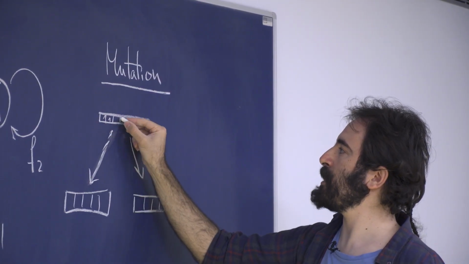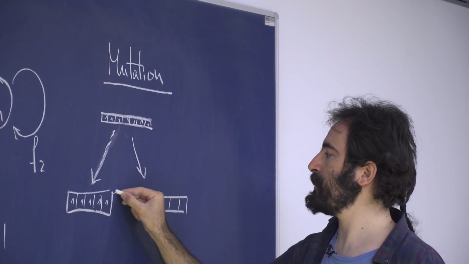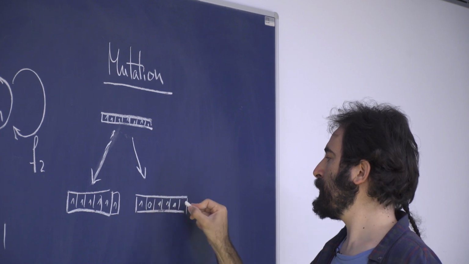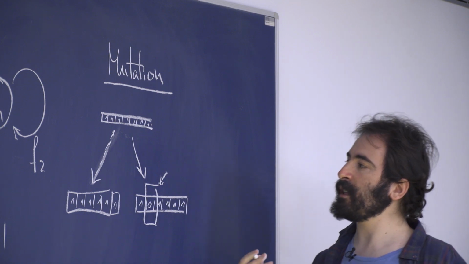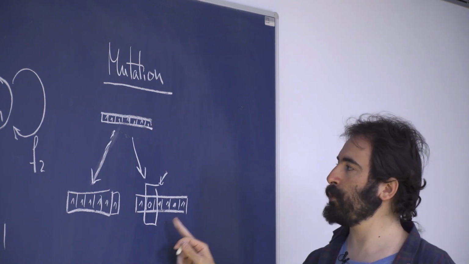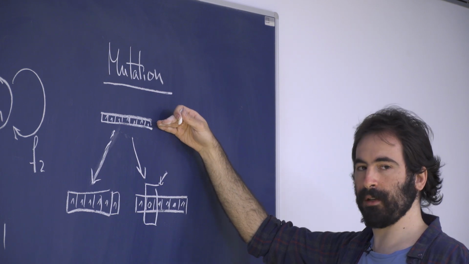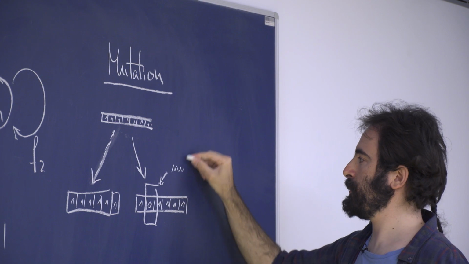For example, imagine that this is all ones. This leaves an all ones sequence, but maybe there is a mistake happening here, right? If there's a mistake happening here, then this sequence will no longer be exactly the same copy as its parent sequence. In this case, a mutation has occurred.